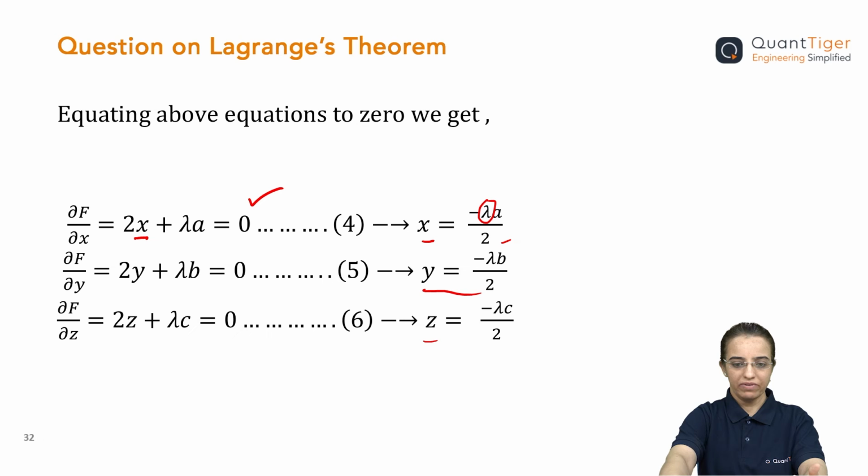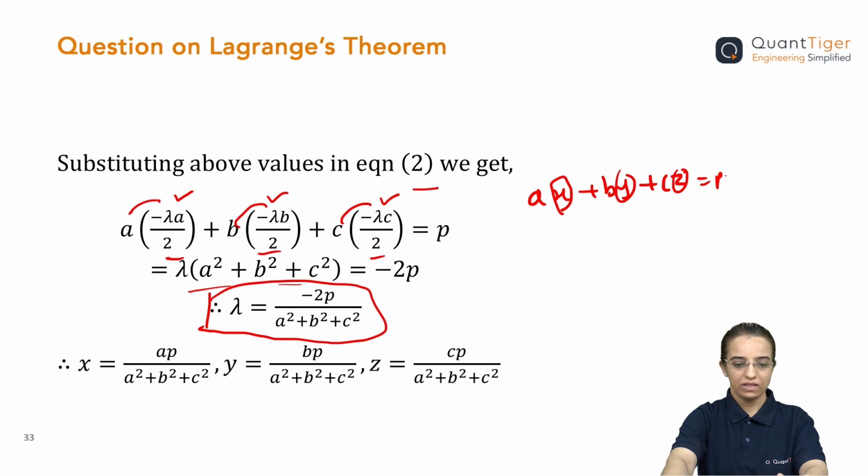If you look at the previous slide, these are the values we got for x, y and z. We will keep the lambda value in them so that we get the values in terms of constants.